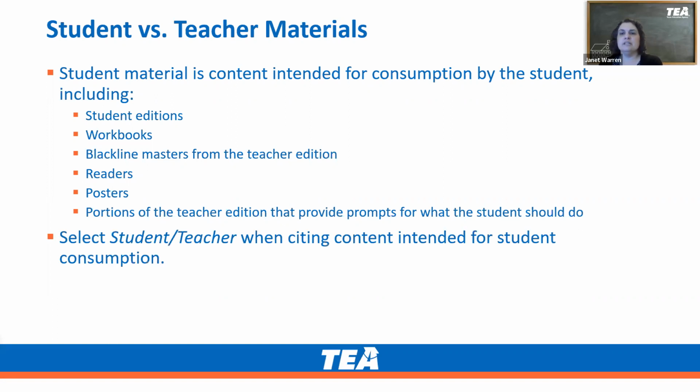You'll select student teacher when citing content intended for student consumption. The reason that we named the audience student and teacher is that if accepted by the reviewers, publishers will also receive credit for covering this type of content in the teacher material, since every component in a program is available for teacher consumption.